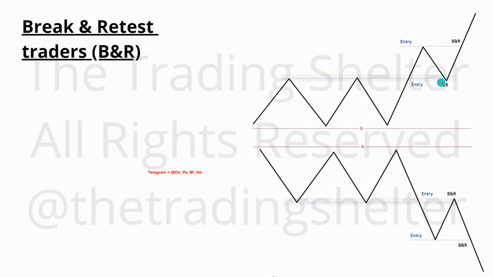Sometimes they enter, sometimes they don't, and they wait for a new high. That's why I wanted to mark it here. So let's make it clear: when price touches the retest zone, these are break and retest traders. When price makes a new high, it's breakout traders.